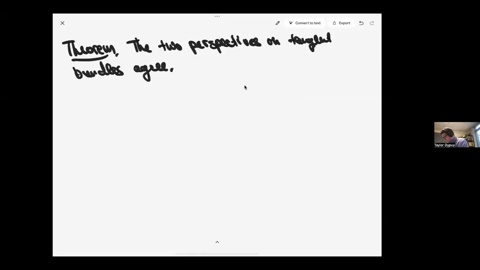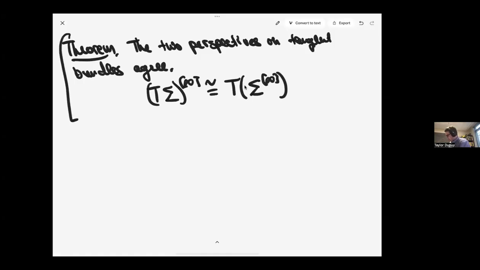That is, if you take this thing and look at its infinite jet ring, this is going to be isomorphic to the tangent space of the thing inside the infinite jet ring. Okay, so that's what I wanted to say about this.